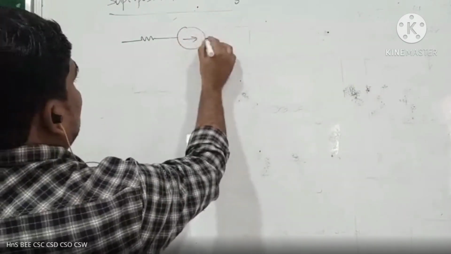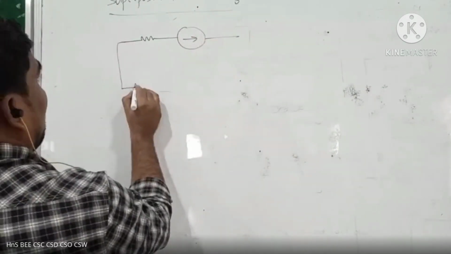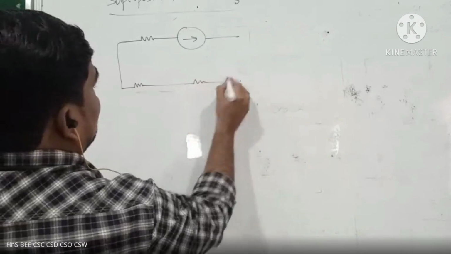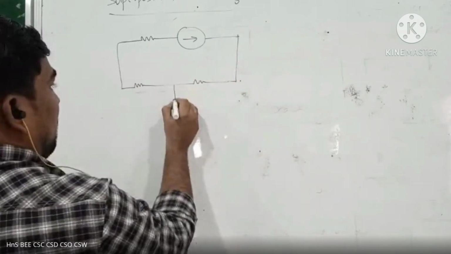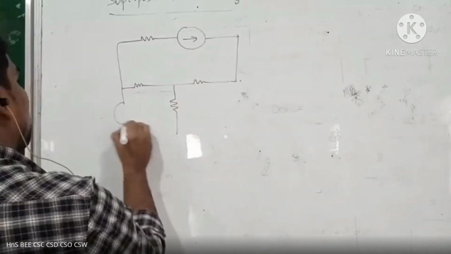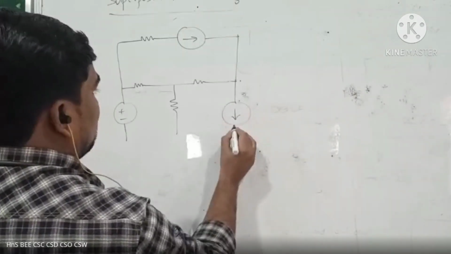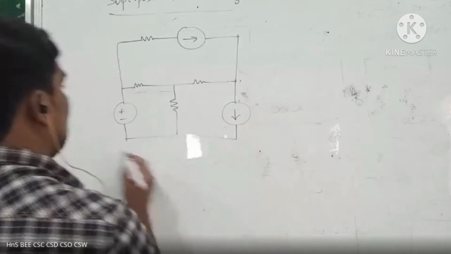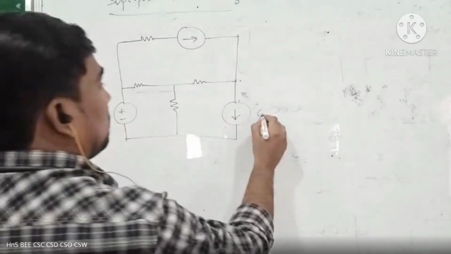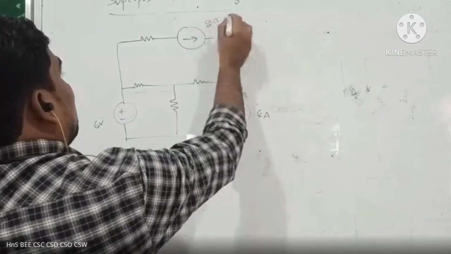This is one current source, a resistance, another resistance. We have some voltage, and this is also another current source. In our given circuit, in total we have 3 sources.